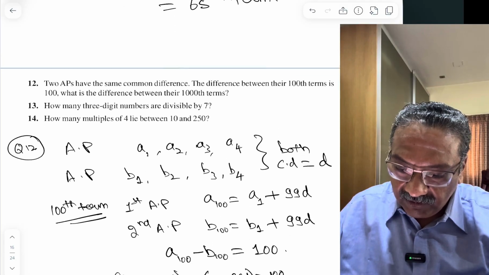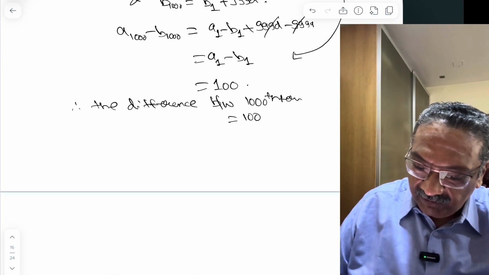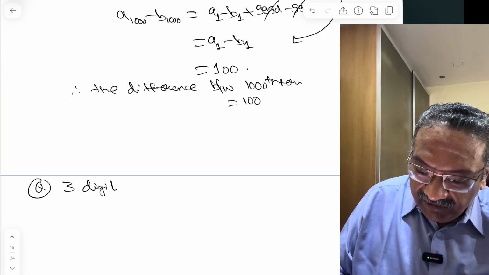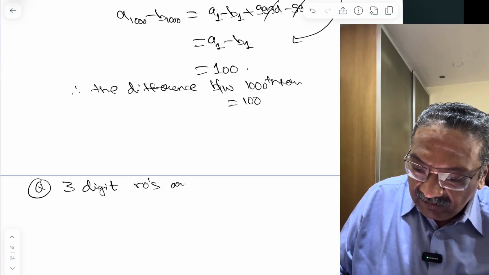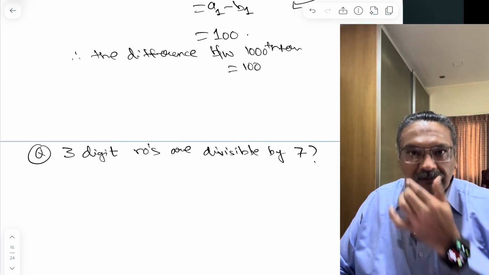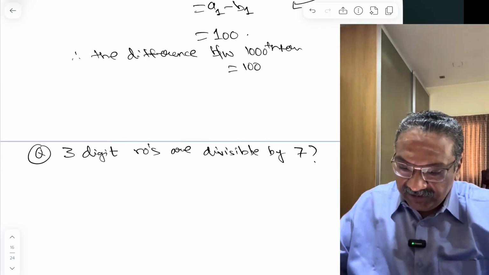Let us come to the next one. How many 3-digit numbers are divisible by 7? So what is the first 3-digit number divisible by 7?